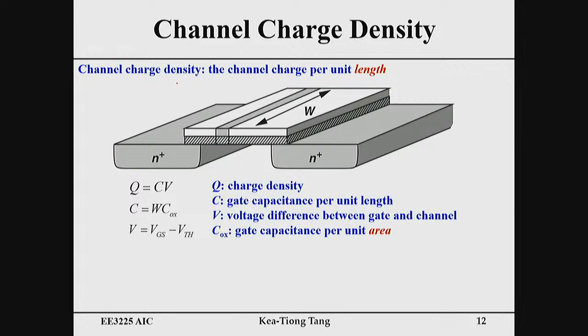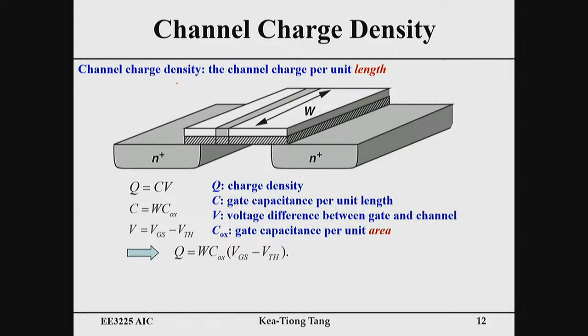What is V? At the source side, V is Vg minus Vs. If we tie Vs to ground, at the source side, V equals Vgs minus Vth. So Q is equal to C times V, where C is W times C oxide, and V is equal to Vgs minus Vth.